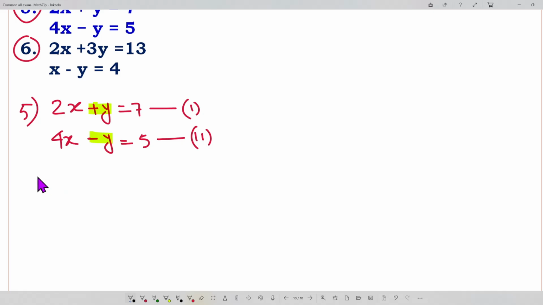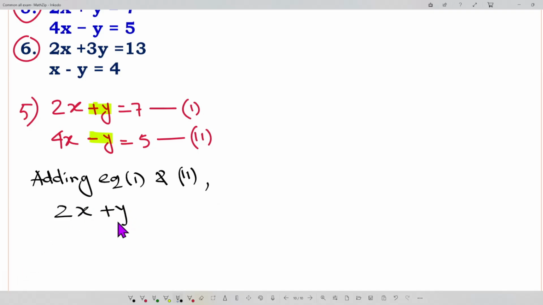So we can write like this: adding equation 1 and 2. So here is 2x plus y equals 7, then 4x minus y equals 5.